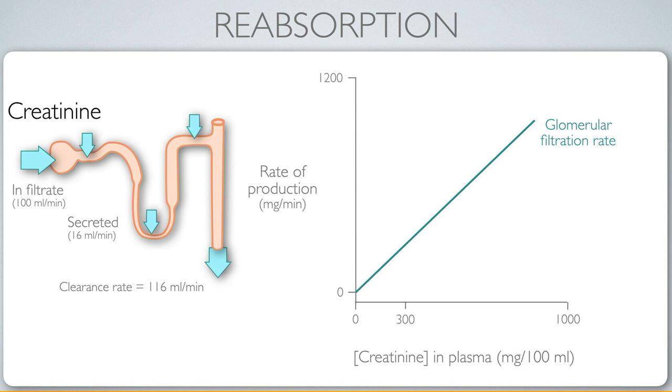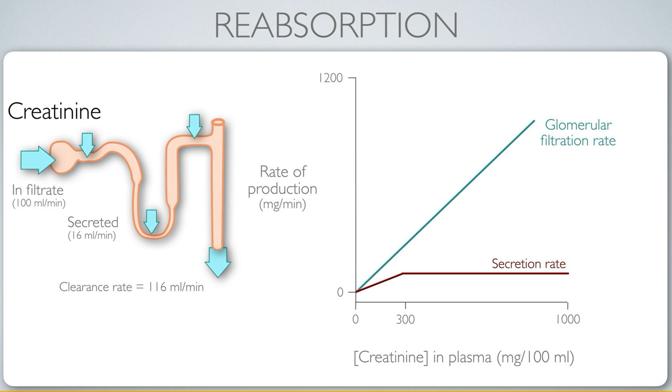But it has a similar curve as the reabsorption curve that we considered for glucose. In this case, secretion increases as a function of creatinine concentration in the plasma. As more creatinine is available, then more is secreted. And it will saturate so that at higher concentrations, you're stuck with that fixed secretion rate.